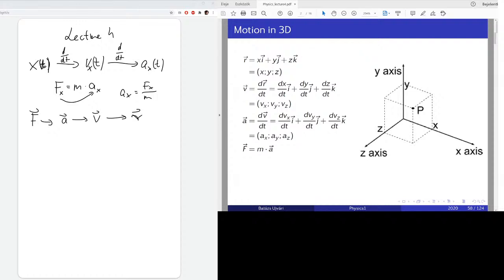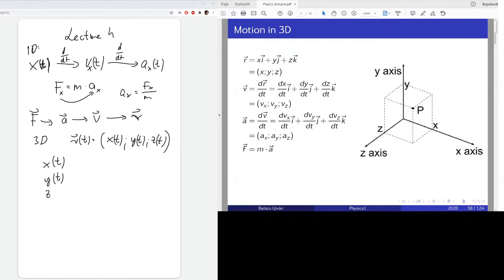In 3 dimensions, so that was the 1 dimension, we practiced a lot, and in 3D, since the r, the position of the particle, can be expressed by the x(t), y(t), z(t), if we want to follow the rule from position to velocity, from velocity to acceleration, we have to play with 3 time-dependent functions, x(t), y(t), and z(t).